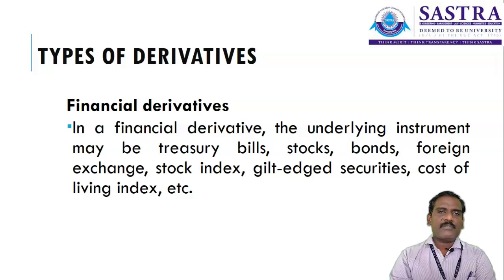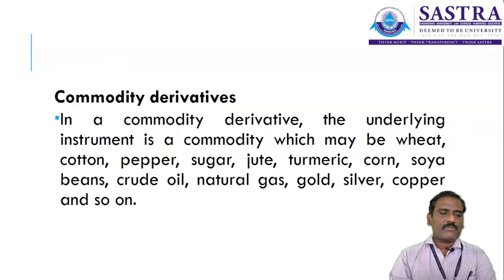Financial derivatives are purely based on investments. Based on what may happen to the respective instruments like treasury bills, stocks, bonds or foreign exchange, the future value will be determined. This is what we call financial derivatives.